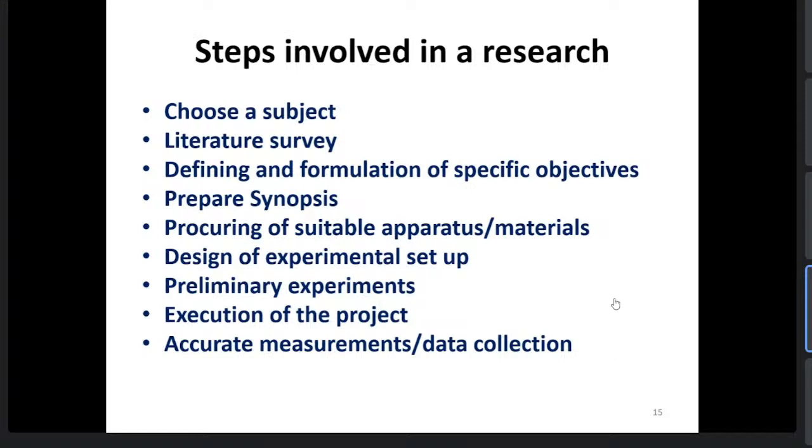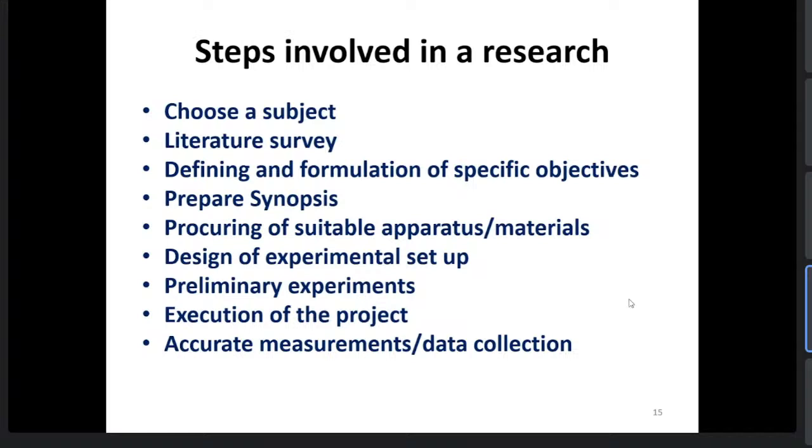These are the steps in the research work. We need to choose a subject, then do the literature survey and prepare the synopsis. For materials and methods, we need to collect the apparatus, materials, software, hardware, anything.